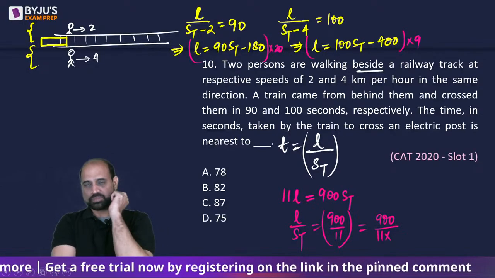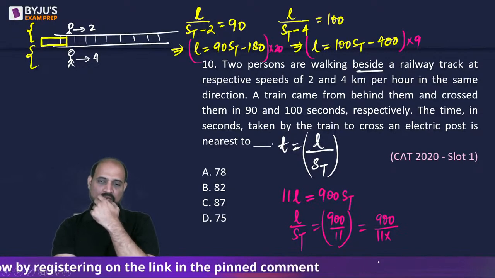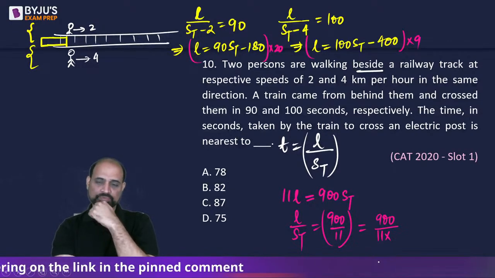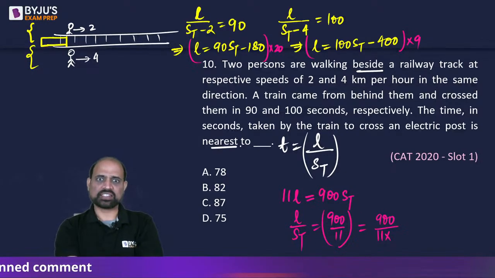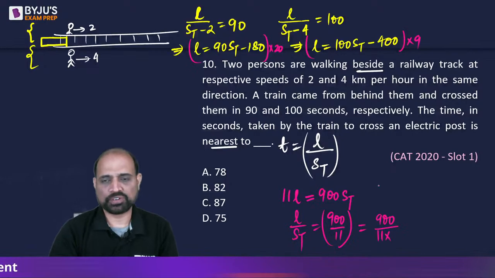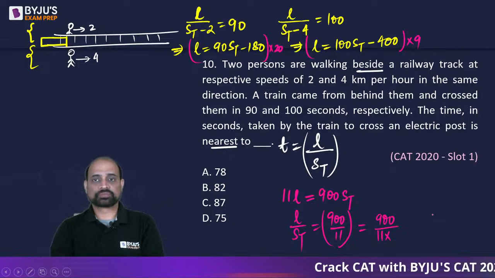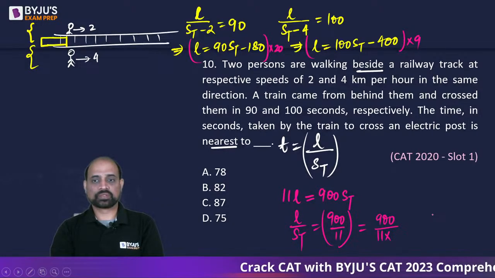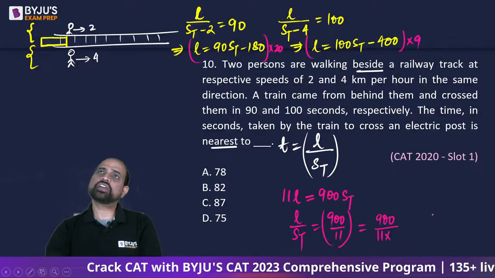Is there any mistake? Because option में simple नहीं लग रहा. Okay, fine. It says nearest to. So obviously we are not supposed to get the correct answer. Should we convert?